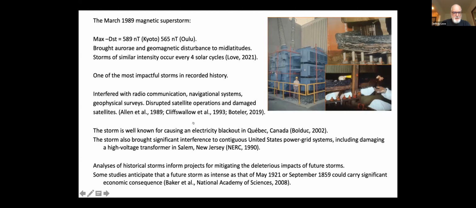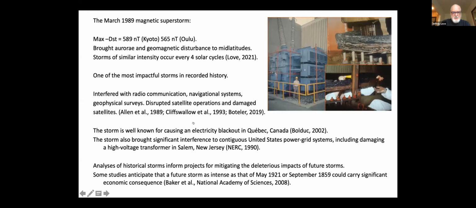DST goes negative when there's a magnetic storm, and we're interested in the depth of that DST value to characterize the intensity of storms. The storm brought aurora and geomagnetic disturbance to mid-latitudes because the auroral oval opened up and started to cover mid-latitudes, including CONUS, the contiguous United States.